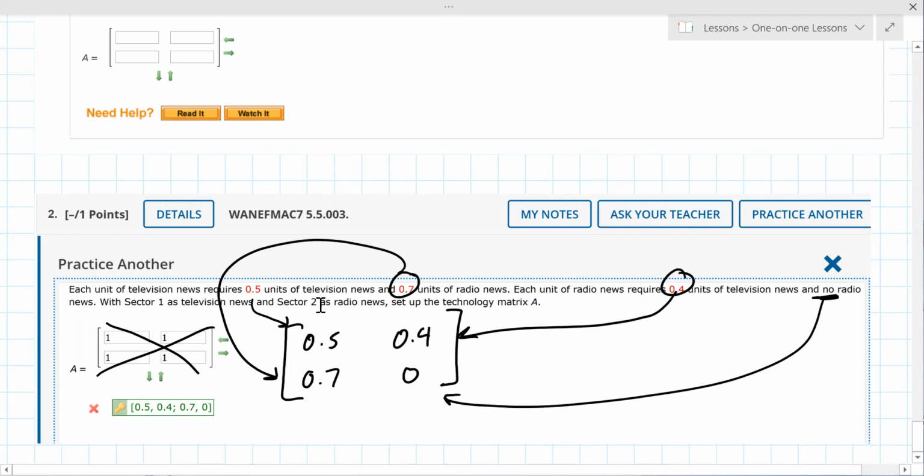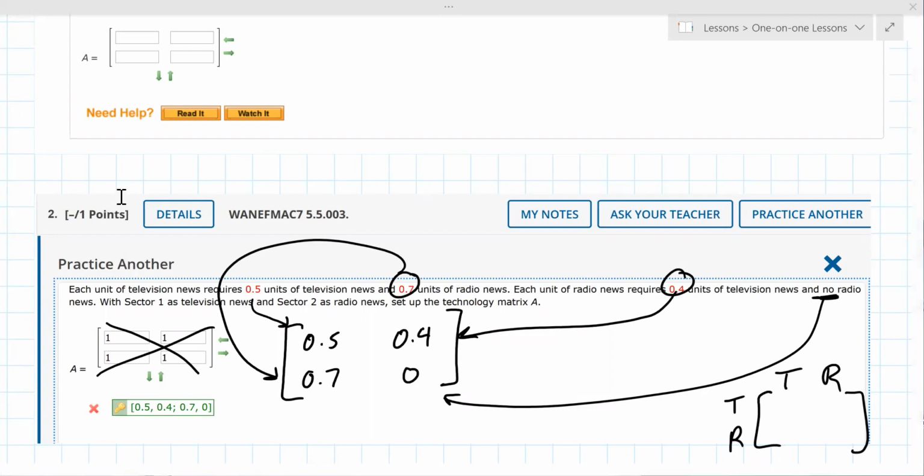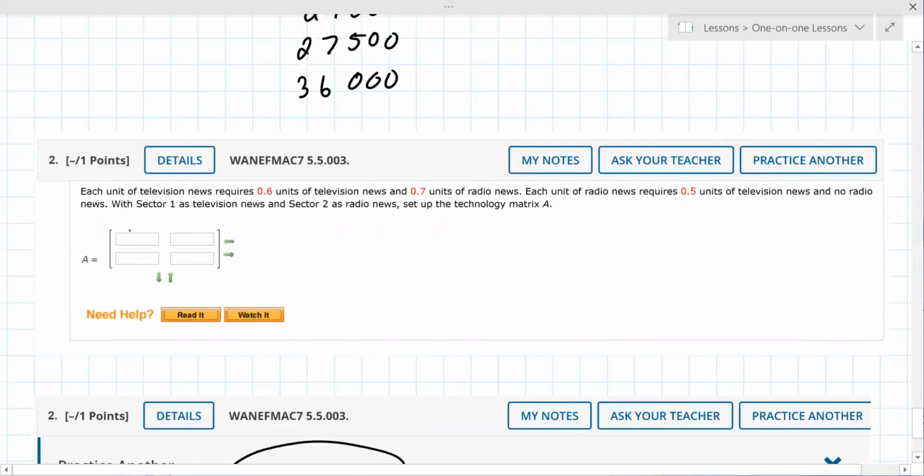What isn't clear to me is which is the row and which is television news and radio news. I'm not sure, but I think it's television, radio. Okay. But it's a little odd. Nevertheless, here in your problem, 0.6 goes here, 0.7 goes here, 0.5 up here, and 0 down there.